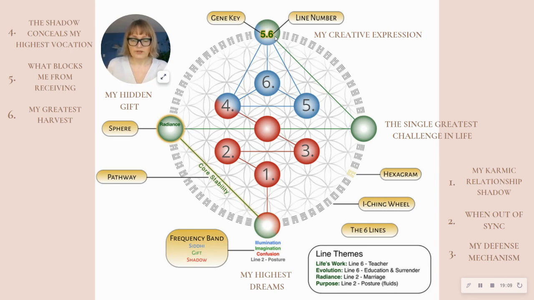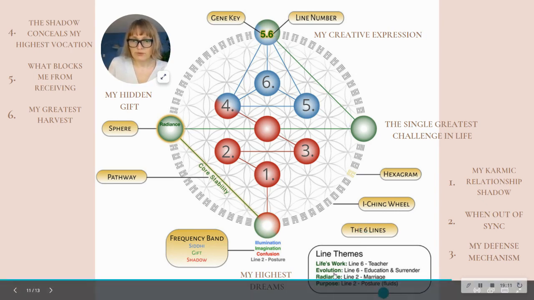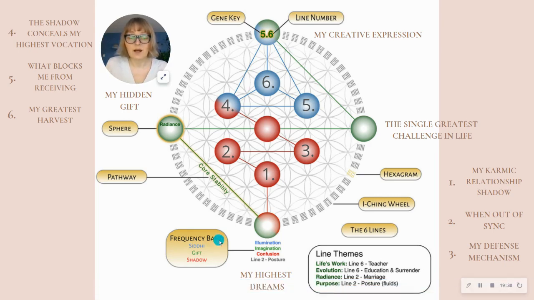What you'll see in Gene Keys, which is really great, is that with every number you will have three words. One is Siddhi, which is when you're in an enlightenment state.